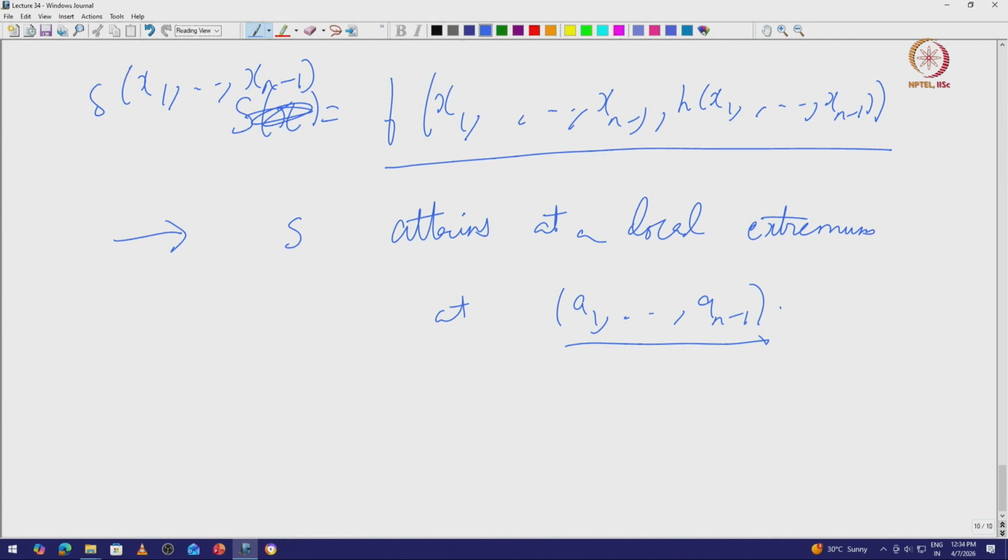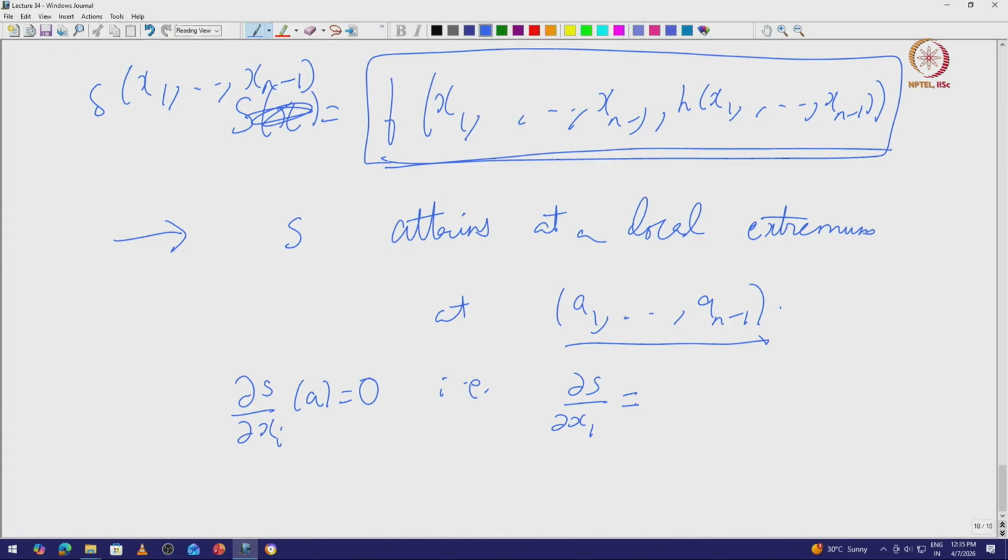If it attains a local extremum, then we know that the gradient of this is 0. For example, what is ds dx1? We apply the chain rule to it. This is df dx1 plus df dxn times dh dx1. That's how the chain rule works. That is 0 at this point.